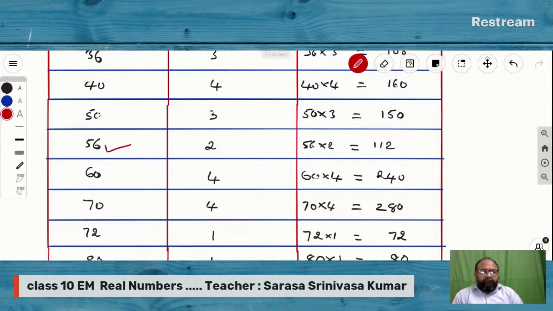Next, 56 marks are obtained by 2 students, so 56 multiplied by 2 equal to 112. 60 marks are obtained by 4 students, so 60 multiplied by 4 equal to 240.